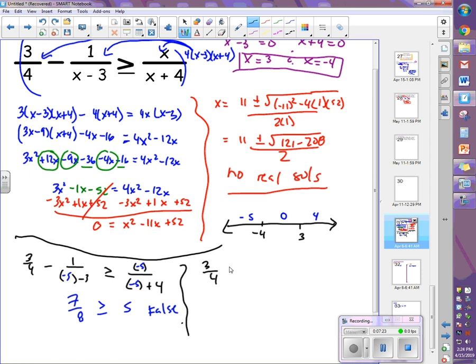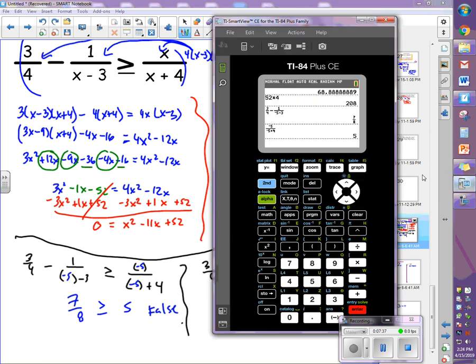Now we're going to replace all x's with 0. So turning all my -5s into 0s. So 13/12 for the first one.